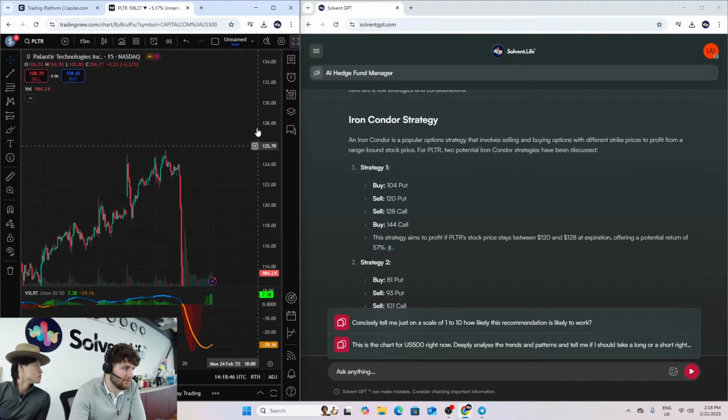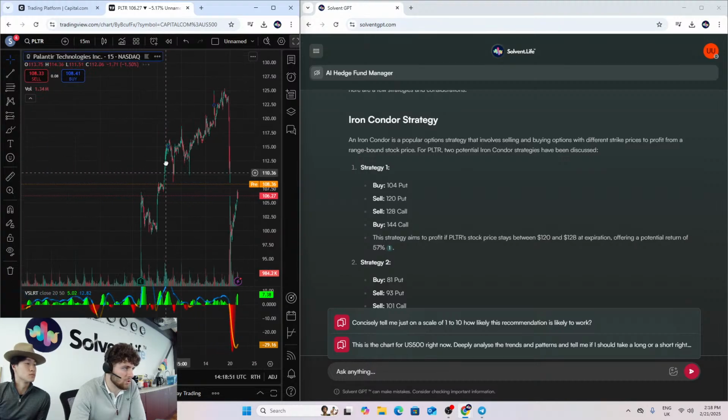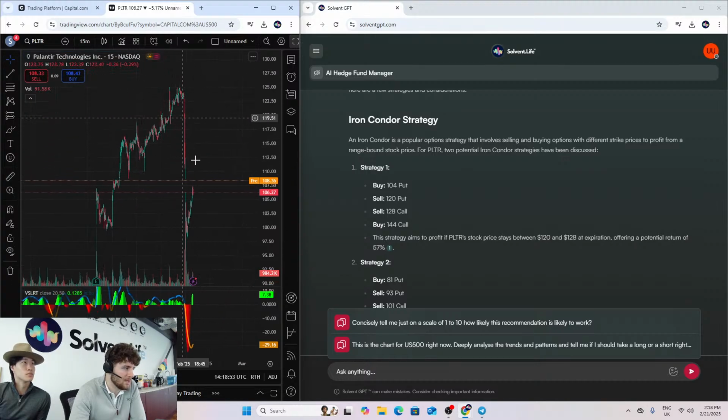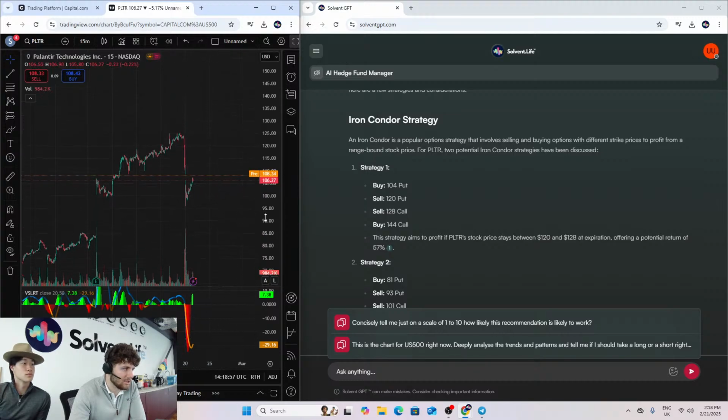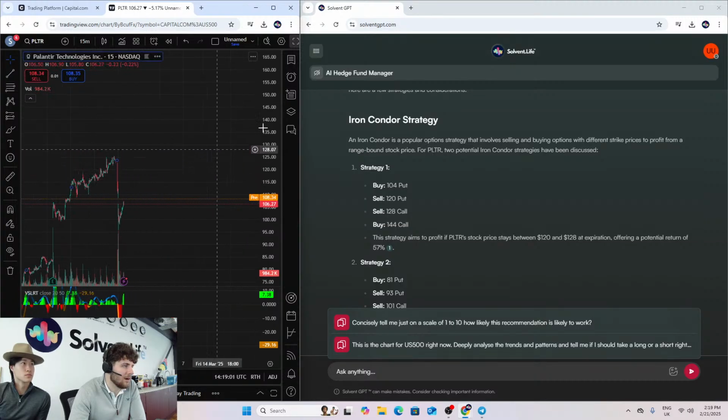Fantastic. So 57% return. As we can see, Palantir is quite strongly undervalued with quite a big drop last week. It's been climbing very steadily since then and is looking to rebound up into the high or the mid hundreds.